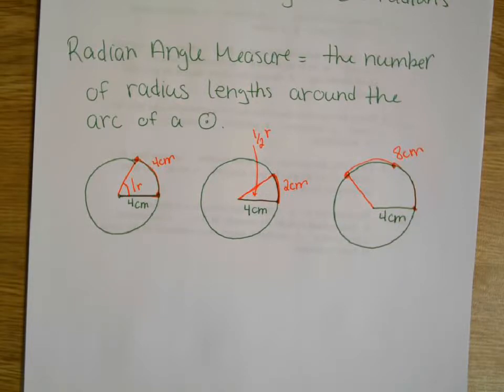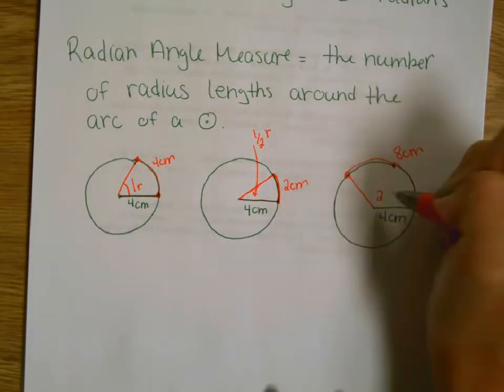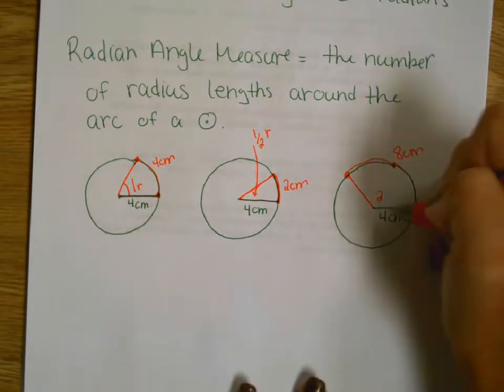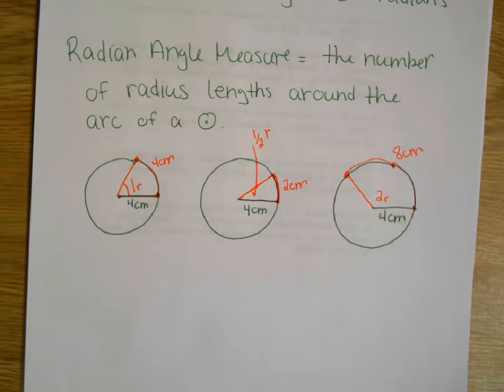Adam? 2 radians big. Okay, so you have a concept of what a radian angle measure is telling you. It's telling you something about the arc length. Okay? So now we've got to tie this into degrees.